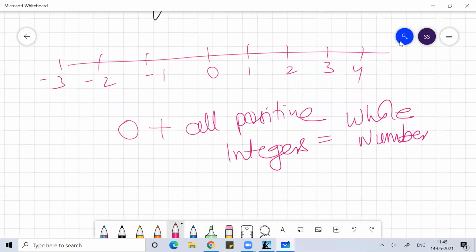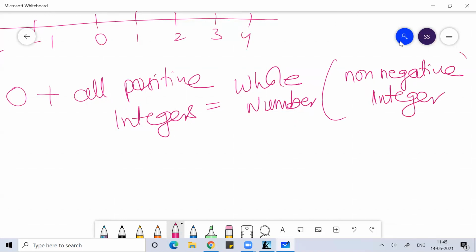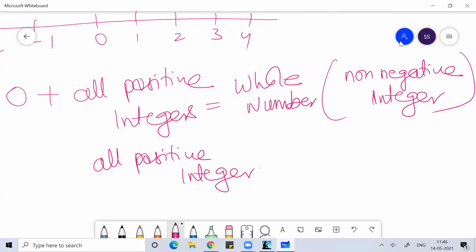All positive integers are called natural numbers. Remember this.